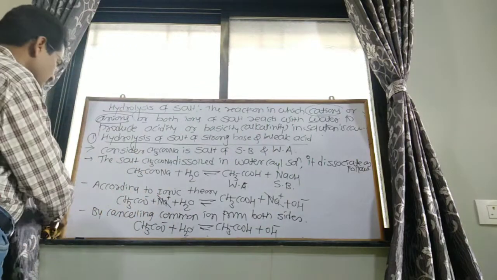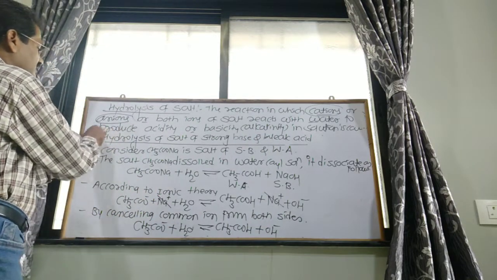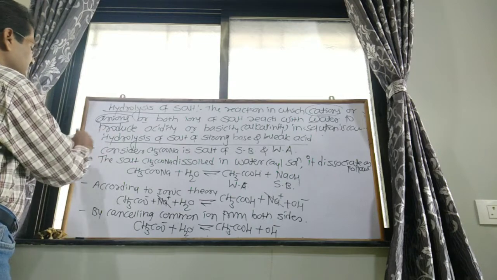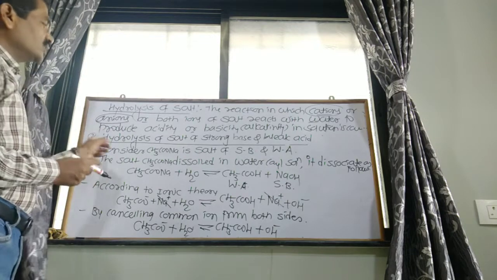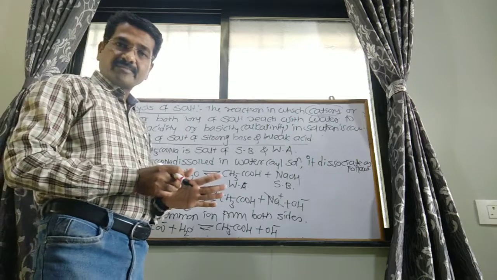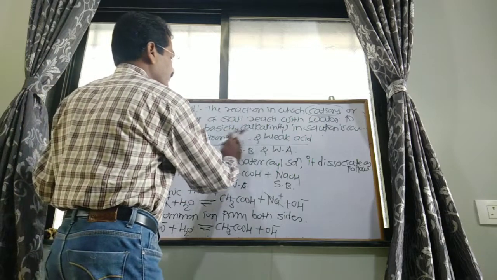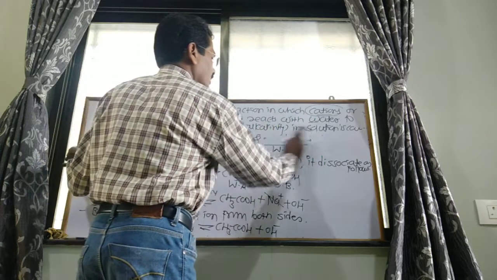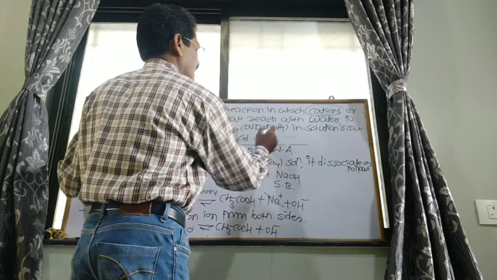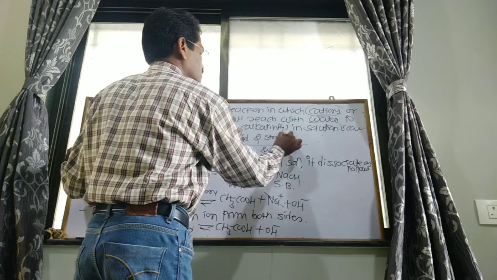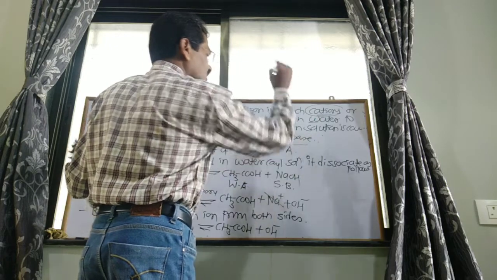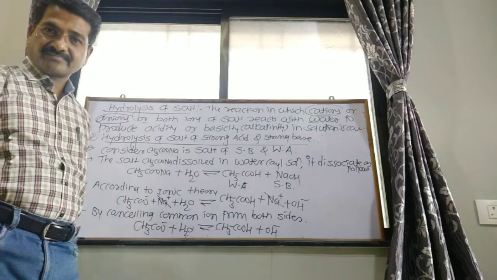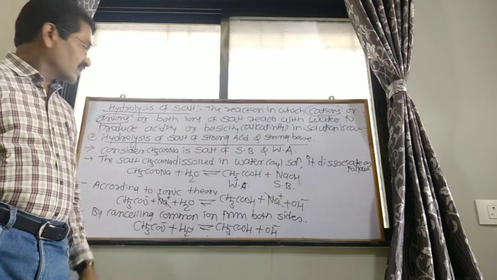After that, see the third type: hydrolysis of salt of strong acid and strong base. Both are strong, the acid and the base.